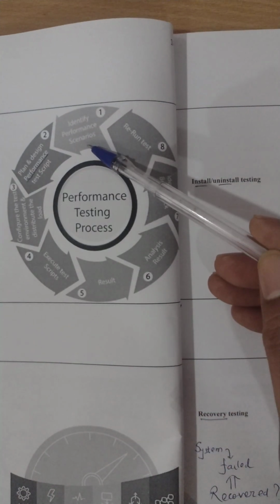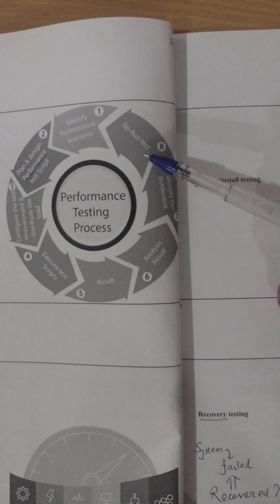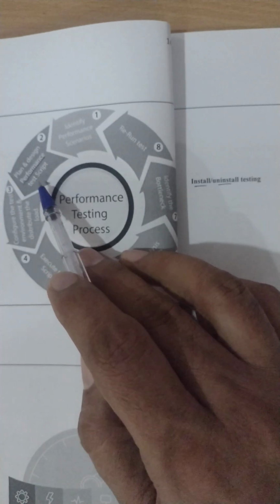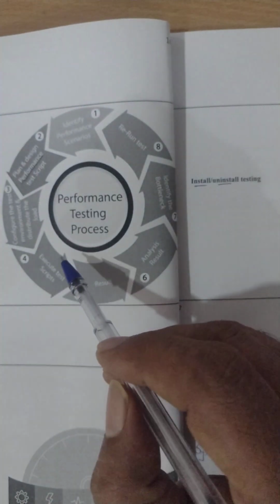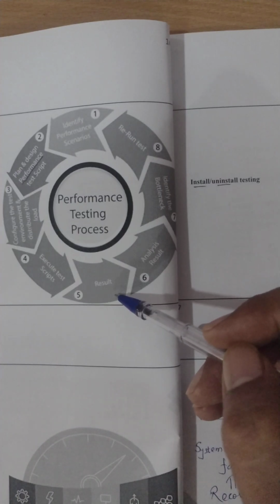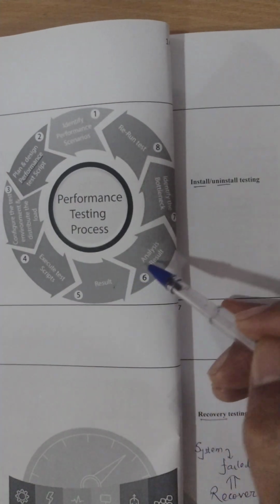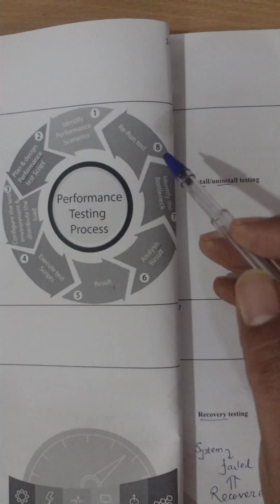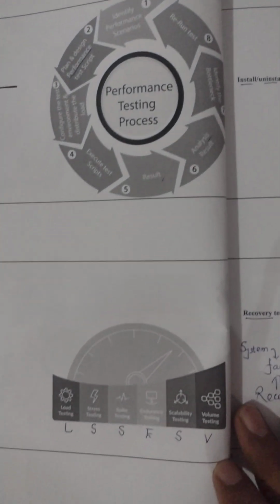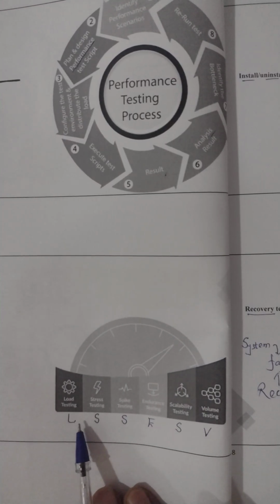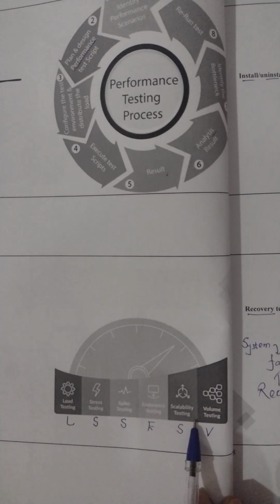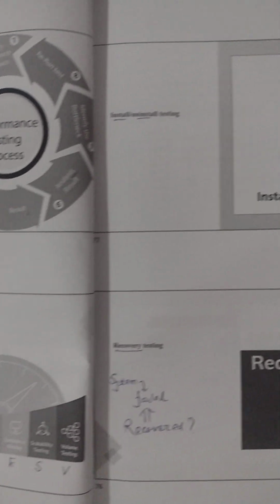So here also we identify the performance scenario, we plan and design the performance test script, we configure the test, we execute the test, we get the result, we analyze the result, and then if there are some bottlenecks, the test will be rerun. Performance testing includes load, stress, scalability, volume testing, and all these things.